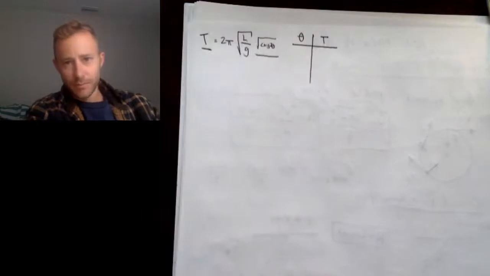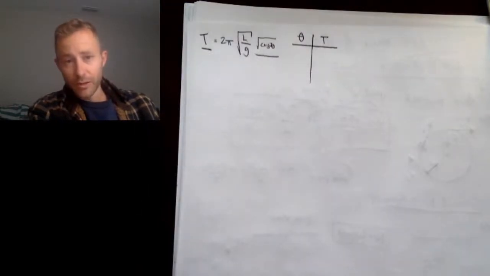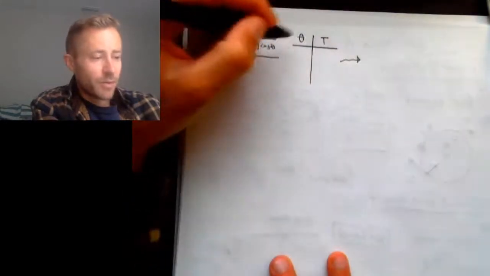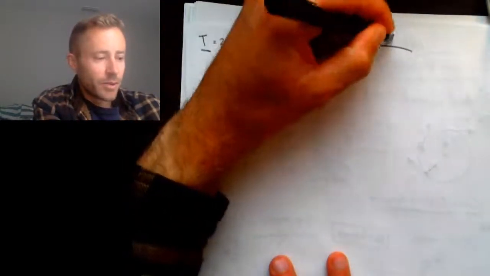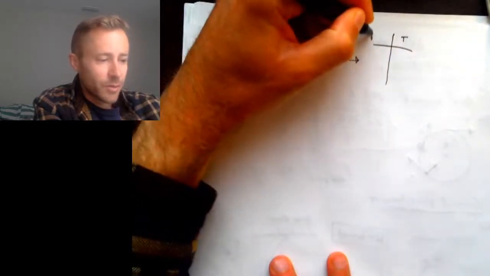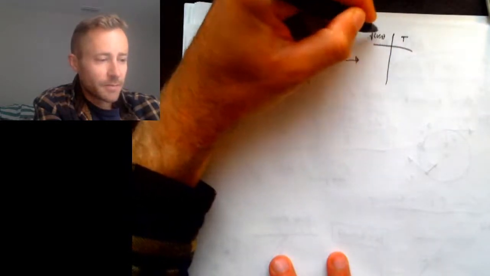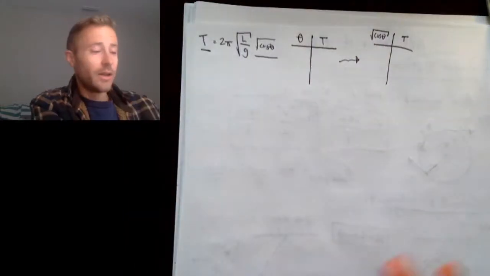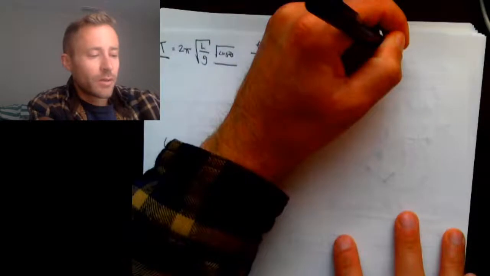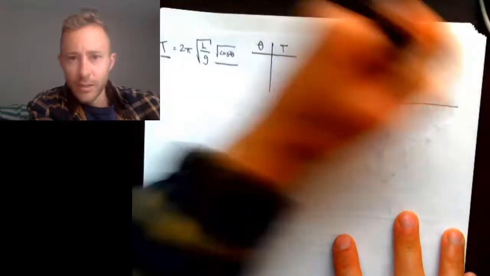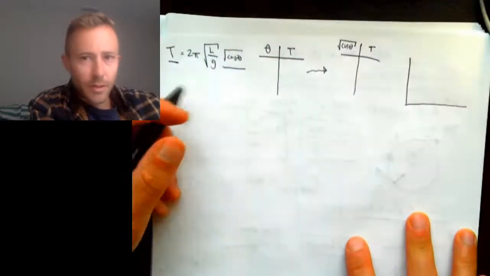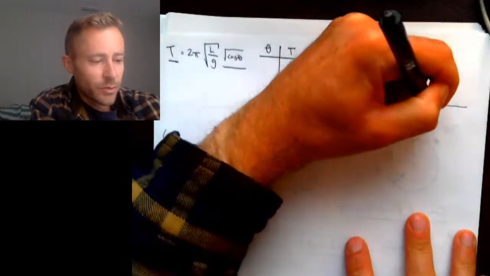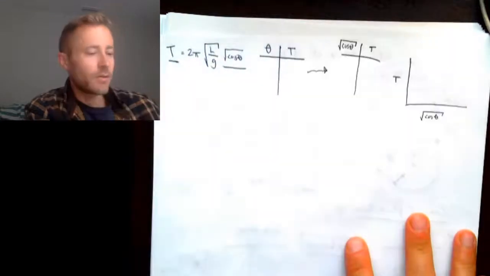But we can see that period is not related to theta, it's related to square root of cosine of theta. So we need to transform our data table to not period versus angle, but period versus square root of cosine of angle. So our graph, if we did an experiment, would be period versus square root of the cosine of the angle.